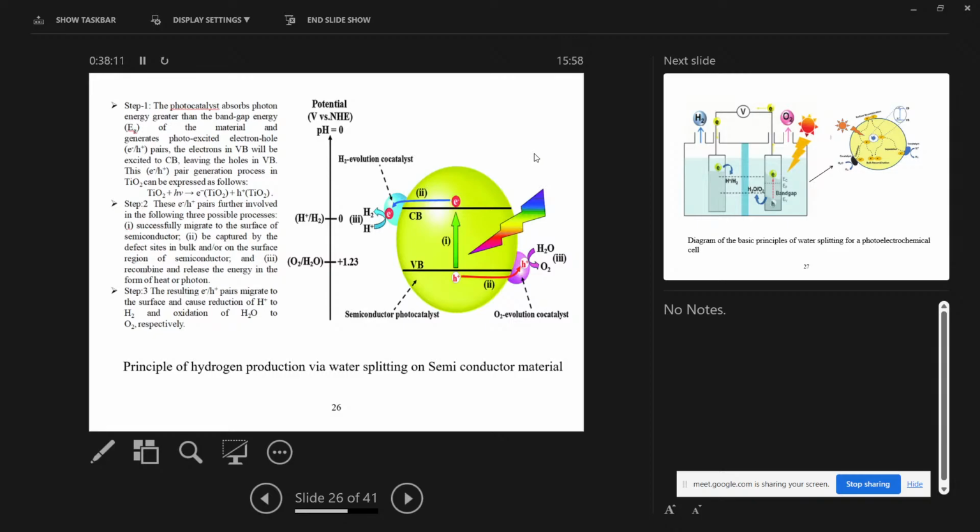You can see from the figure that when the electron is excited, it goes to the upper portion, which is called the conduction band. The electrons are here, and in the lower portion the holes are created, represented by the H. In the valence band oxygen is evolved, and through the electrons in the upper portion, the hydrogen ions convert into hydrogen.